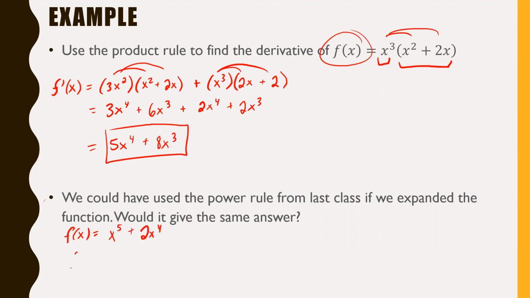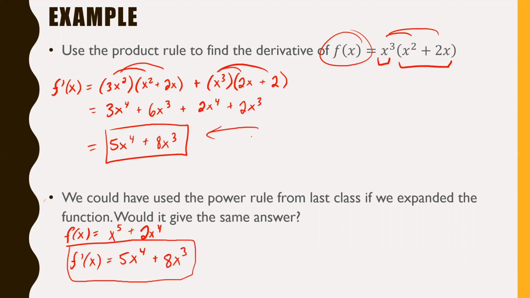And then if we took the derivative of that, just using our normal power rules, that would bring the 5 down out in front, so it would be 5x, and then the exponent would drop down to a 4, plus, for this guy, we'd have to take the 4 and put it down, so 4 times 2 is 8, and that would knock that down to x to the power of 3. And what do you know? That exactly matches what we did up here.